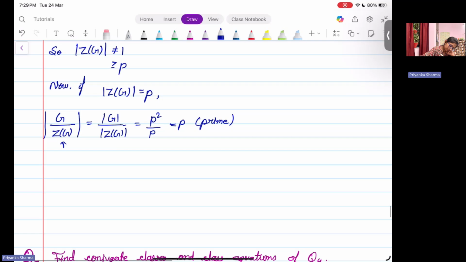It means this group G mod ZG is a group of prime order, so G mod ZG is cyclic, but that will imply that G is abelian.